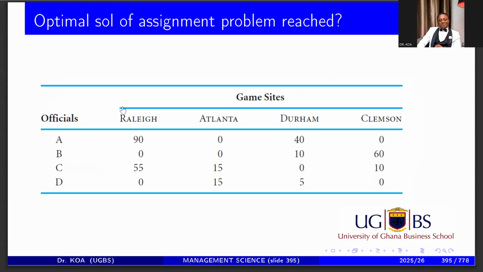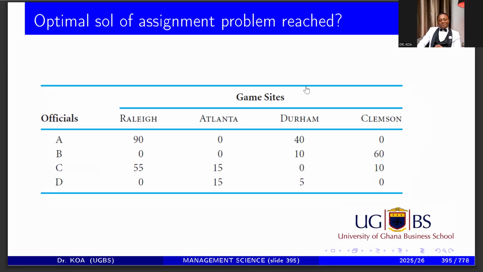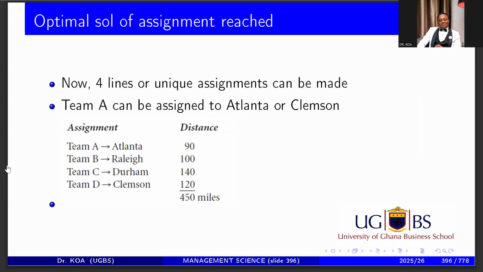That's the whole point. If you compare that to this, we don't have zeros everywhere. But here at each column, check each column, there's a 0 somewhere. Okay. And check each row, there's also a 0 somewhere. That's all you need to end the iteration. So here, 4 lines or unique assignments can be made.